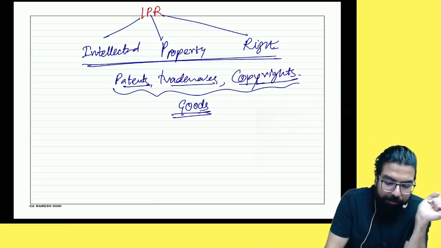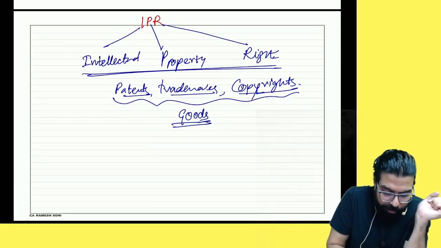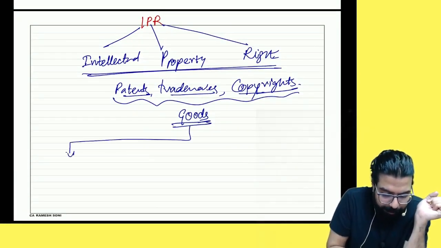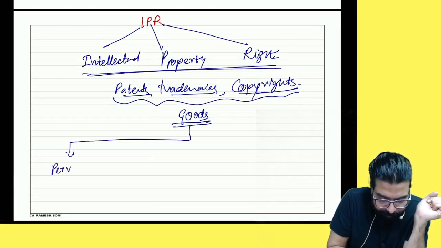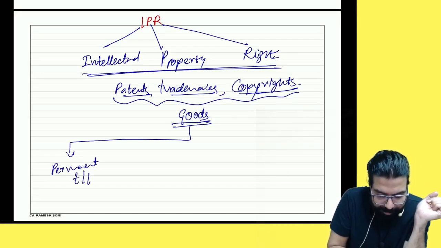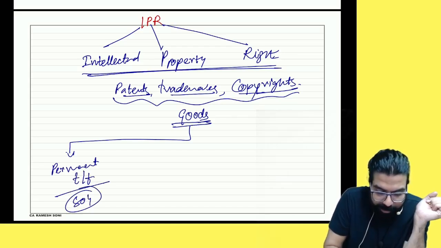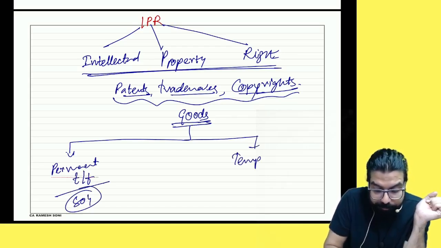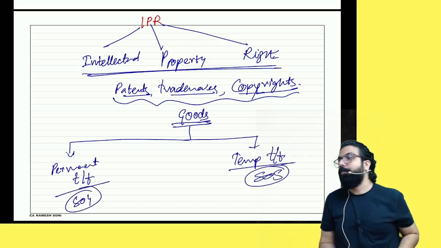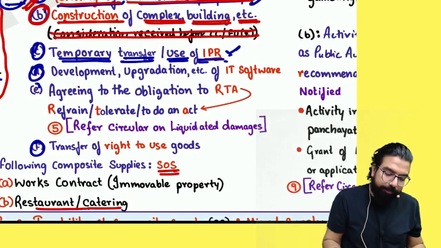Is my point clear? So can I say, if these are goods, if you transfer permanently, permanent transfer, then supply of goods. If temporarily transferred, then supply of service. Is my point clear to all? Can I go ahead, everyone? Chalo, next.